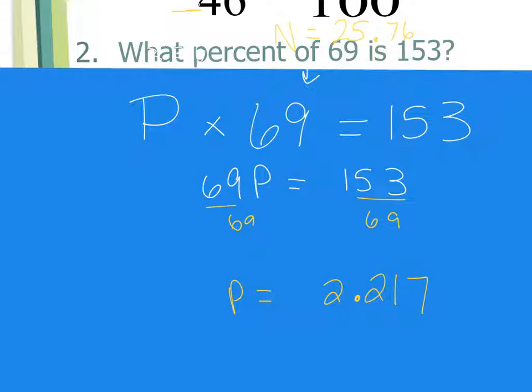So your job is, when you do the division, if you use the equation method, because you're not taking the actual 100 of the percent part, it's your job to remember the answer is not 2.217%. The answer is move the decimal 2 spots to 21.7%.